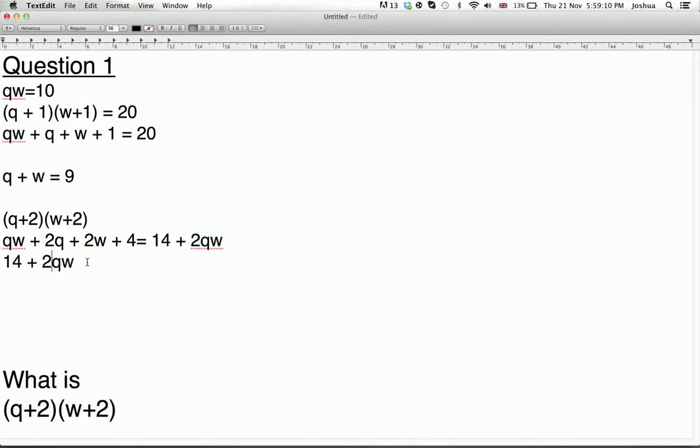What is QW? We can factorize. We can do that. Why did I say 2QW? It's not 2QW. It's 2Q plus 2W. What am I thinking? There we go. That was correct. So now 2Q plus 2W is the same, and we can factorize it as 2 times Q plus W. As you can see, Q plus W is 9.